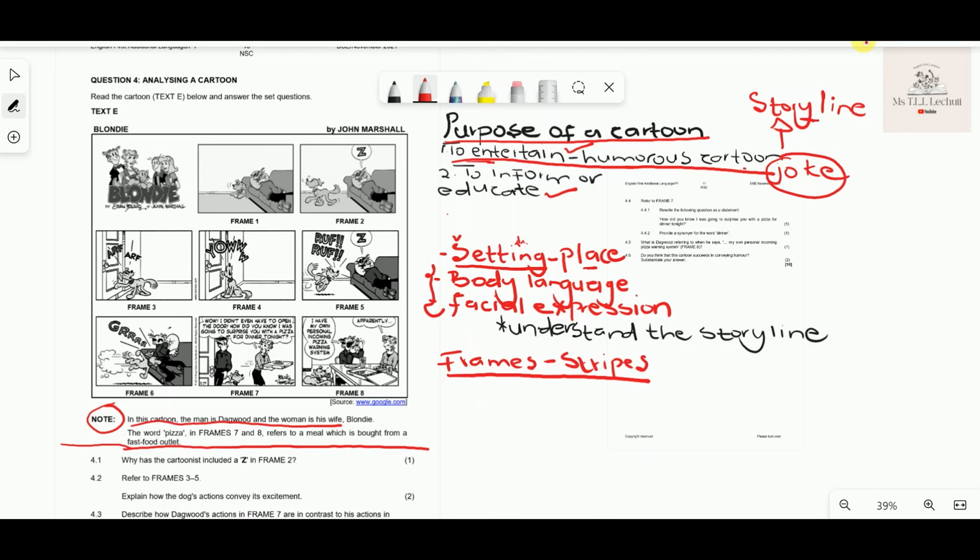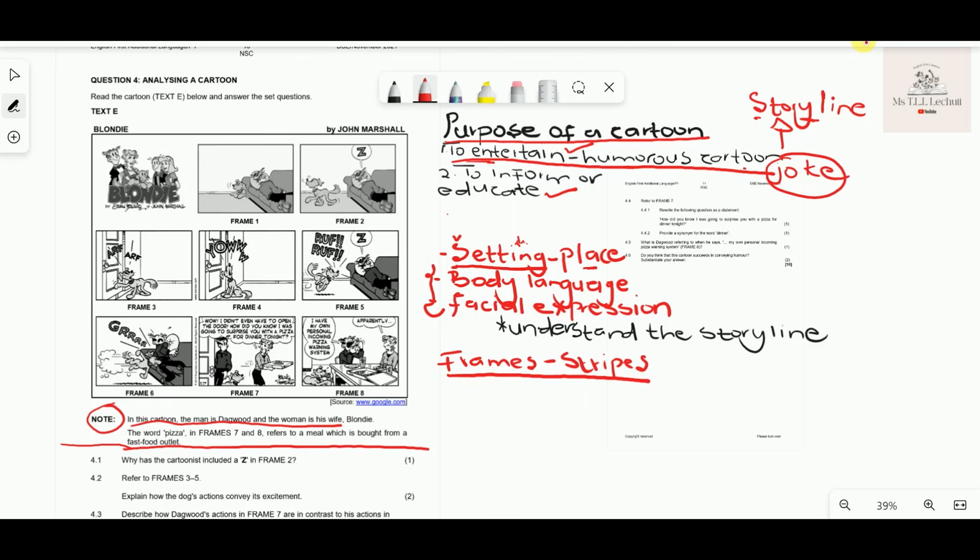Because if you don't understand the storyline, you won't be in a position to determine whether this cartoon was there to entertain, or just there to inform or educate. And then in each and every frame, you study all the details. Where you see furniture or a car, it definitely gives you the setting. It means that's the place where the action is taking place.